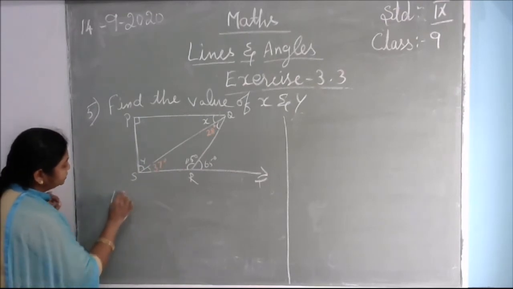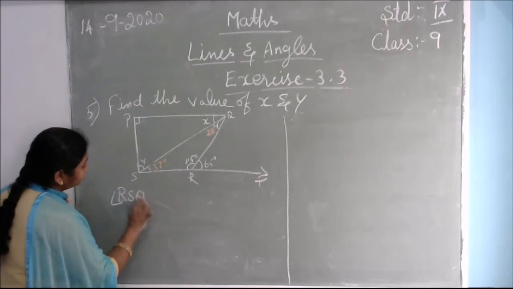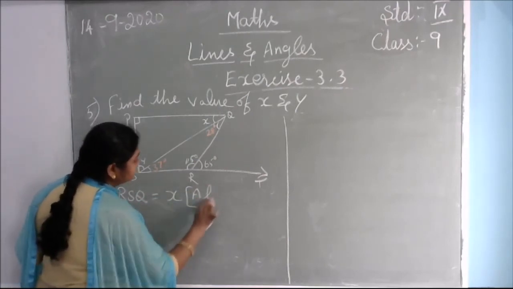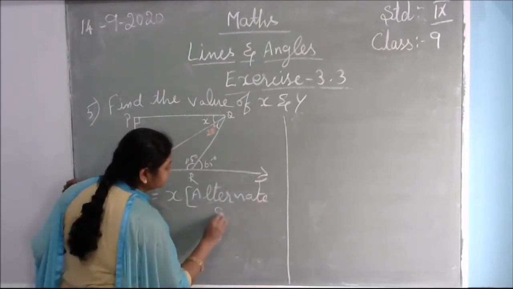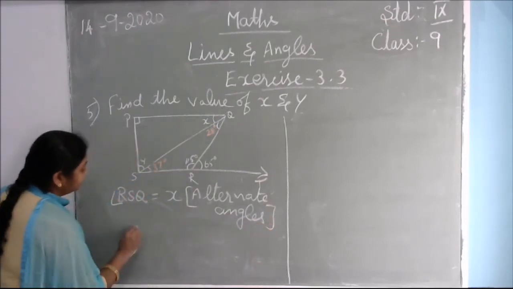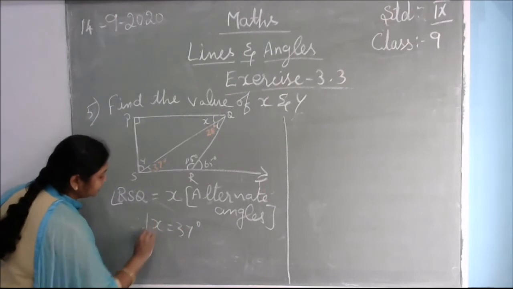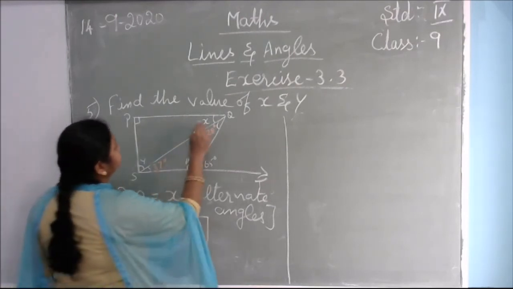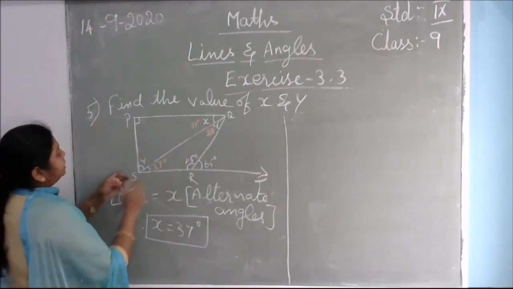So angle RSQ is equal to X because both are alternate angles. Therefore, X how much? 37. So X is 37 degrees.